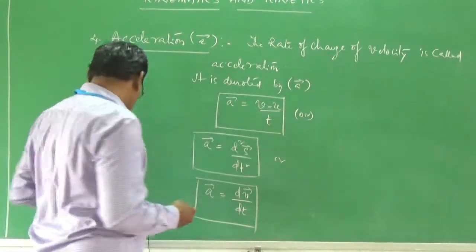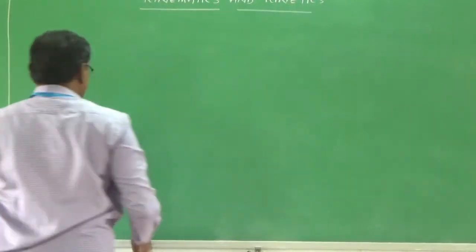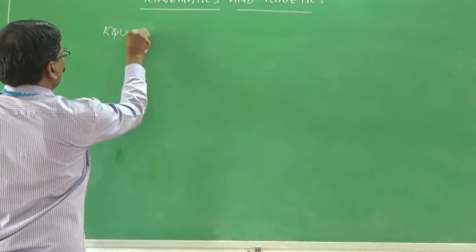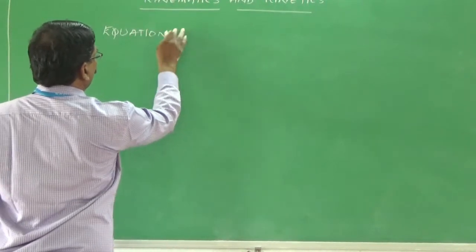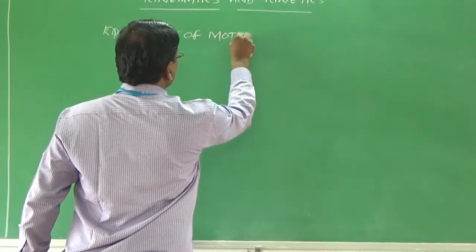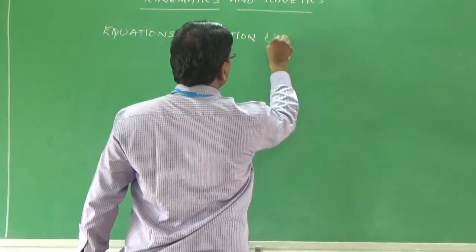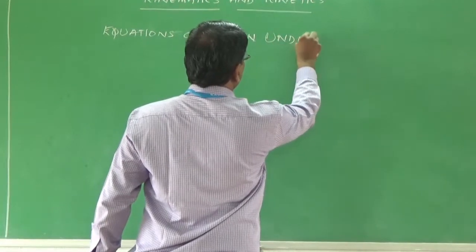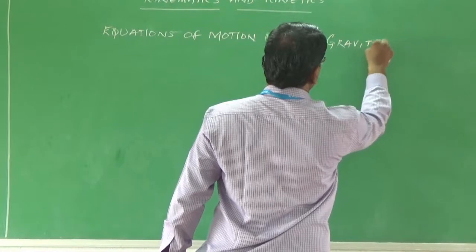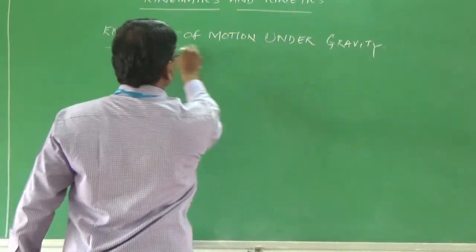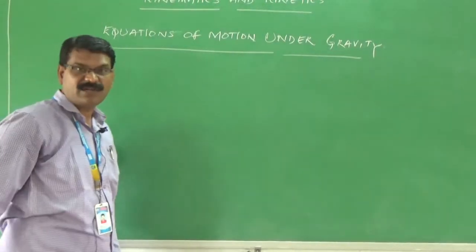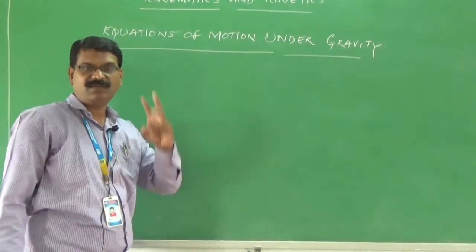Let us see this. Equations of motion under gravity. The equations of motion under gravity are majorly classified into four types.